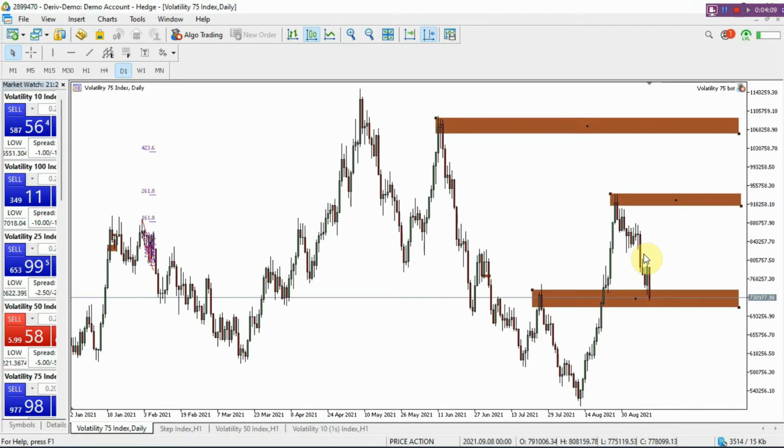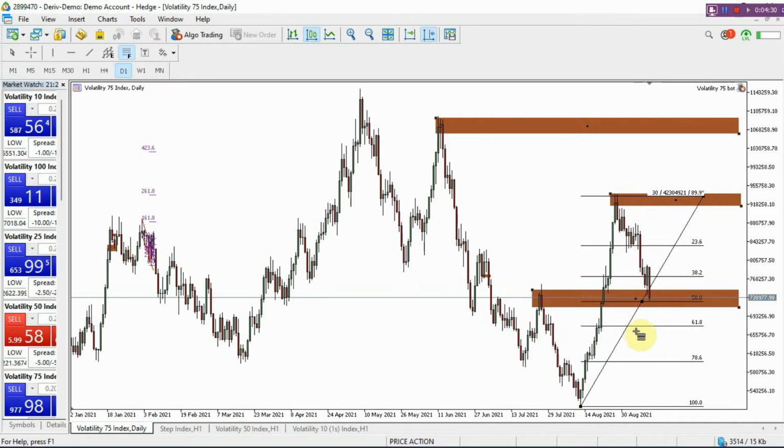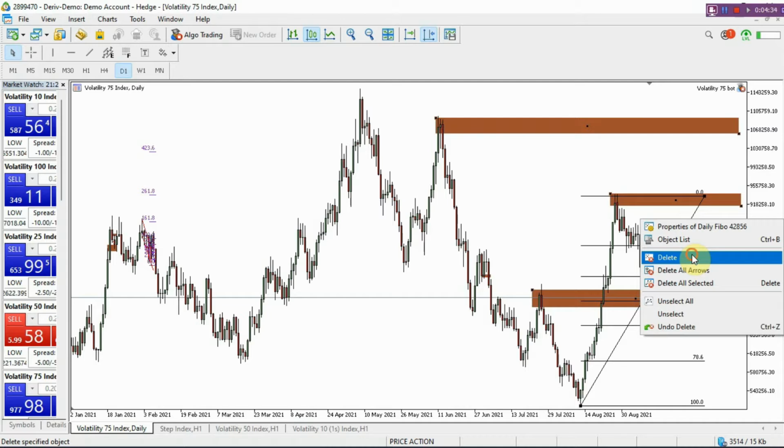If I see little support here, it means I scale down to a smaller time frame and look for chart patterns, which would mean buyers are coming in around here. I'm looking for buys around this region, and I'm a fan of Fibonacci, so I can pull up my Fibo and see that this is a key 50% zone, so price could actually react around this region. You want to be aware of that.